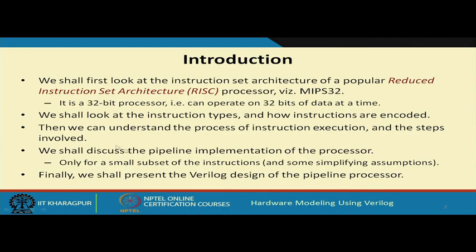Now, as I have said, we shall be looking at the instruction set architecture of a particular processor which belongs to the RISC category, reduced instruction set architecture. As the name implies, a RISC instruction set will consist of fewer instructions, simpler instructions and a large number of registers, mostly general purpose registers.